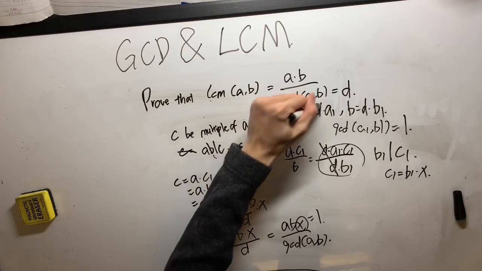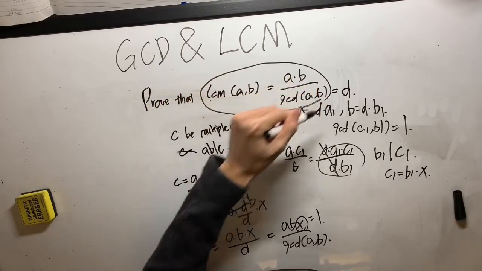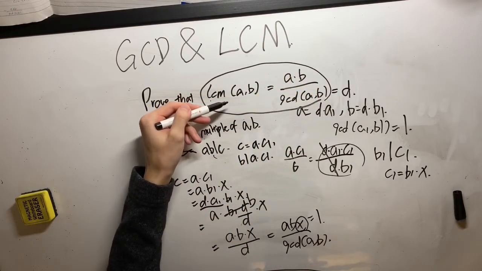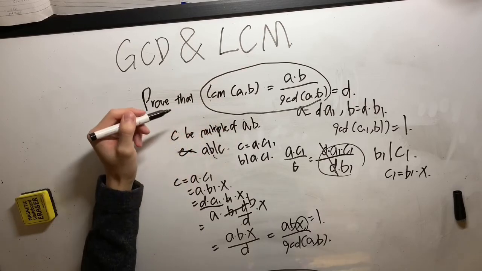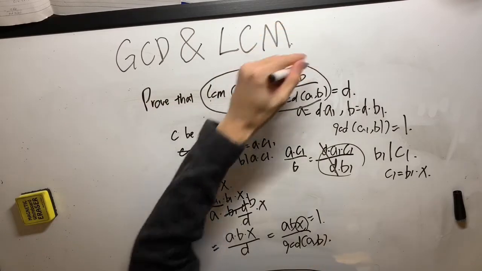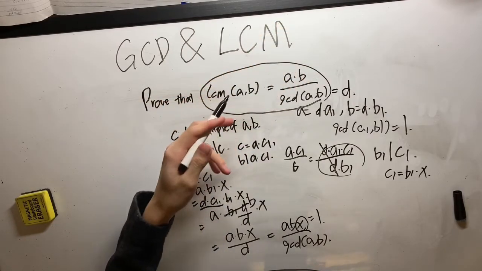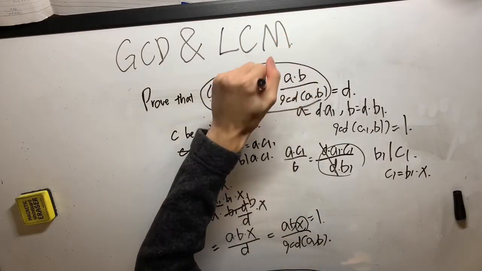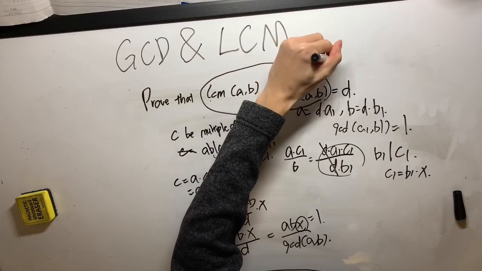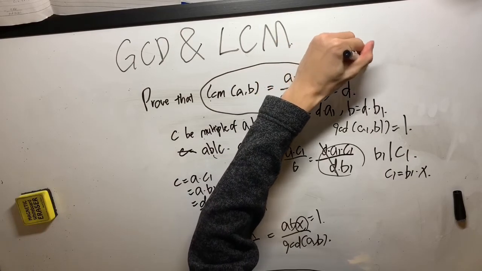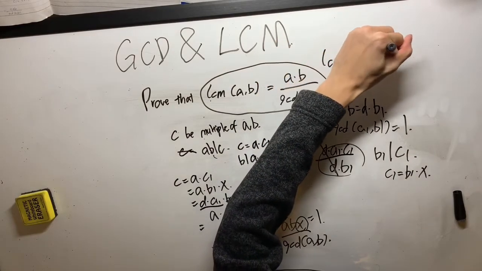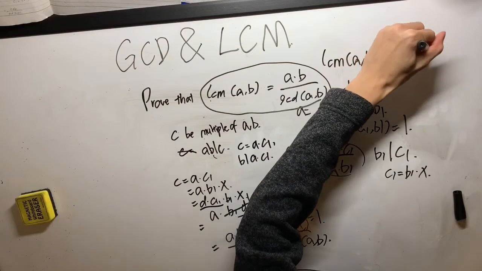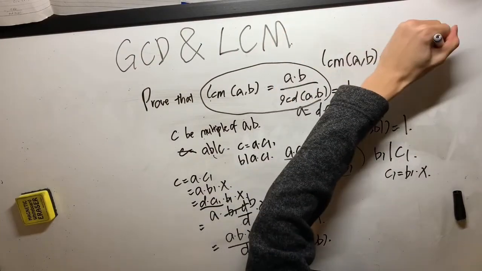So we proved this question, and this question is very important because it follows that if you have two integers, the LCM of those two integers times the GCD of those two integers will equal AB.